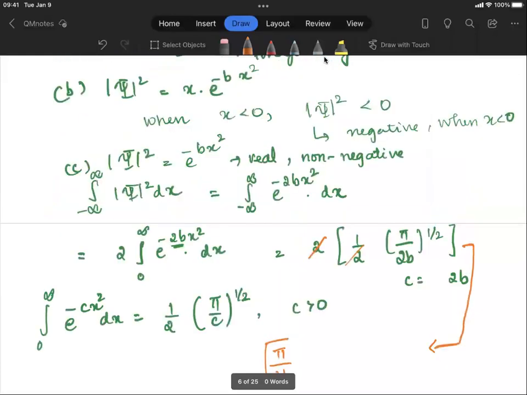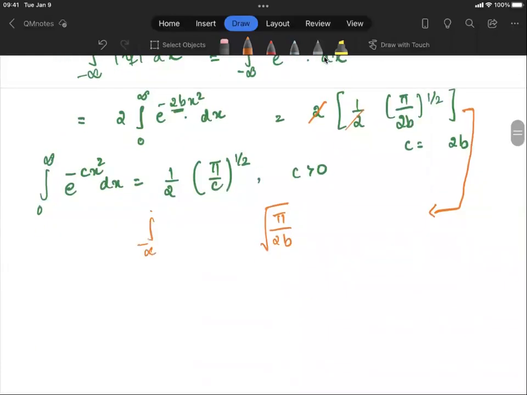Now, we have the probability density to be equal to this value. And we don't know the value of b, we just know that b is a positive constant.